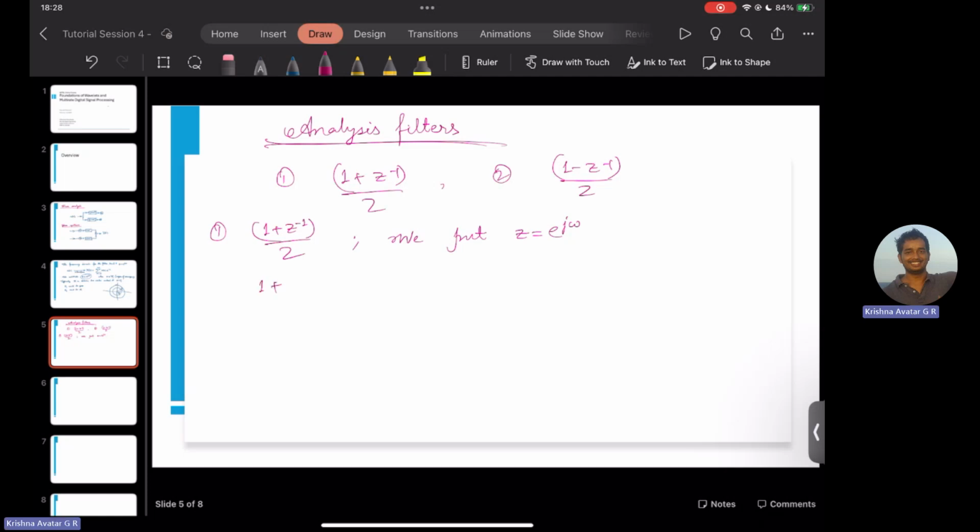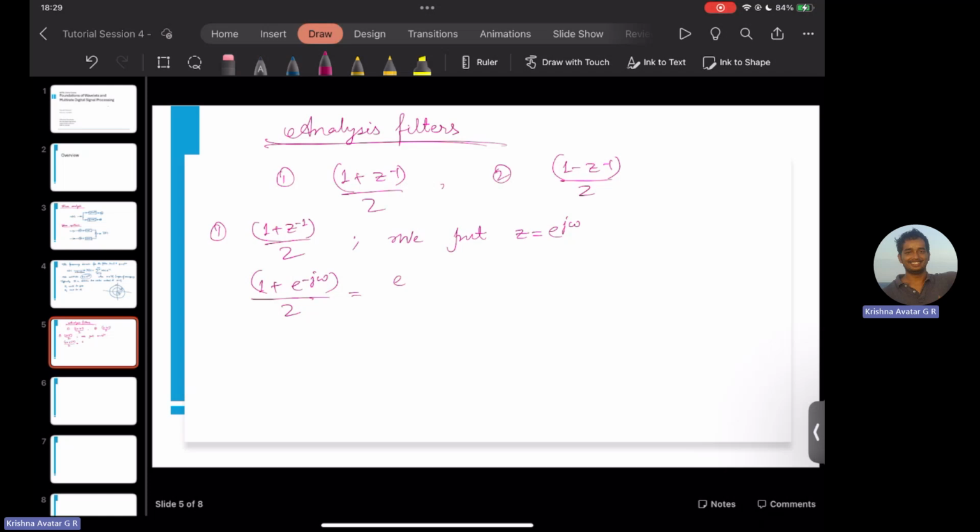Then we have 1 plus e to the power minus j omega by 2. We've substituted this, and what we want to do is convert it into some sort of a sines and cosines form. One way is as was done in the class.